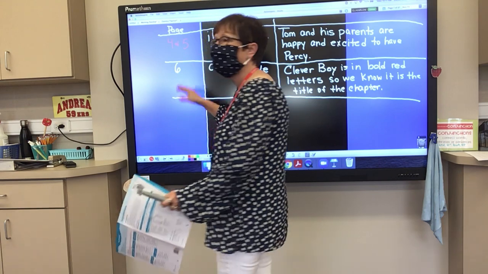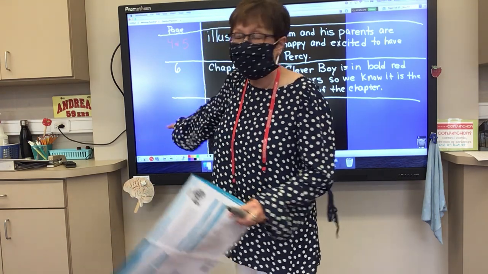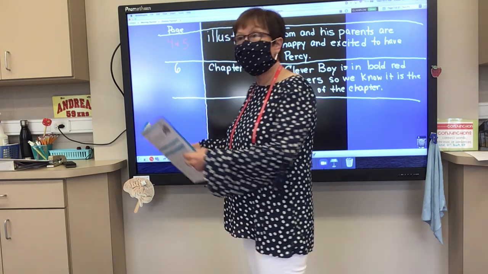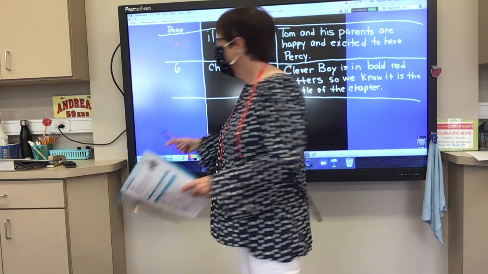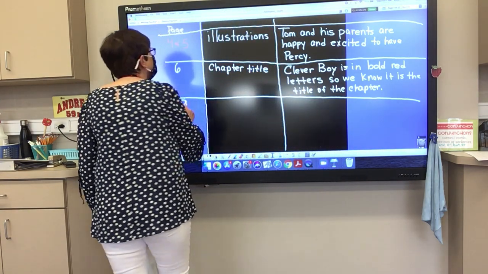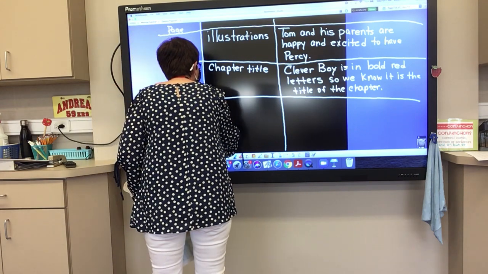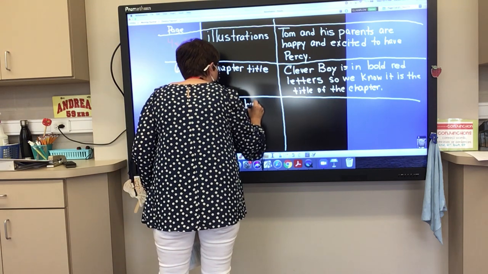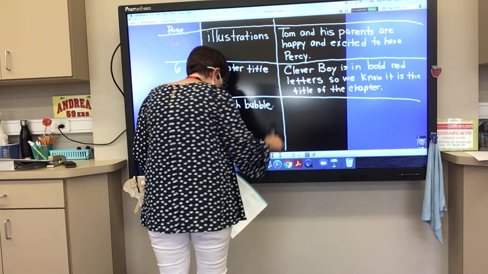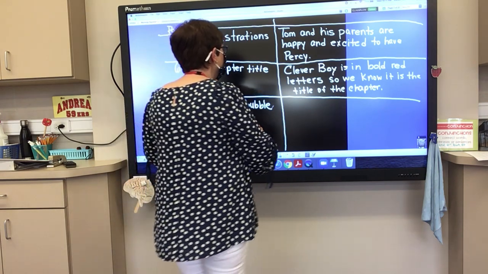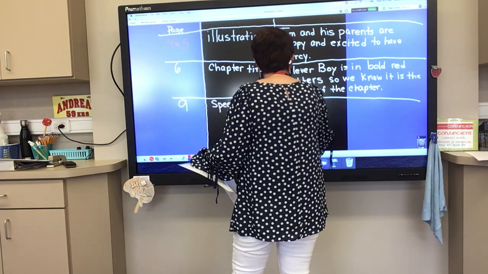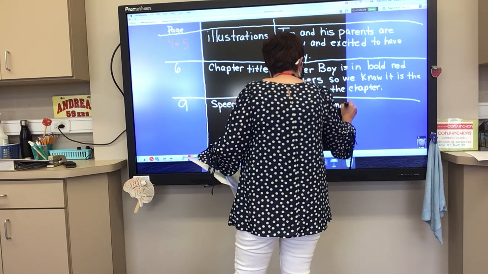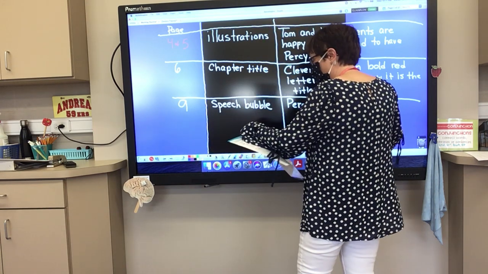Okay, so we're not going to write the shh anymore because we've already done a title, but we are going to write the speech bubble. So that is on page, what page was that? 9. We're going to go page 9, and it is a speech bubble. So let's write speech bubble. So now we know that Percy can make a doorbell or the sound.